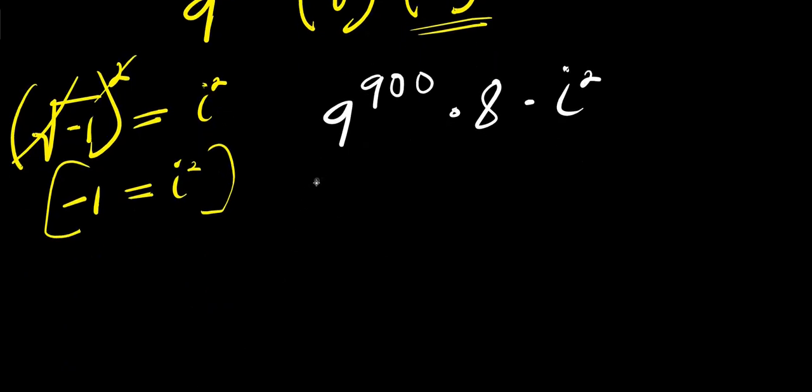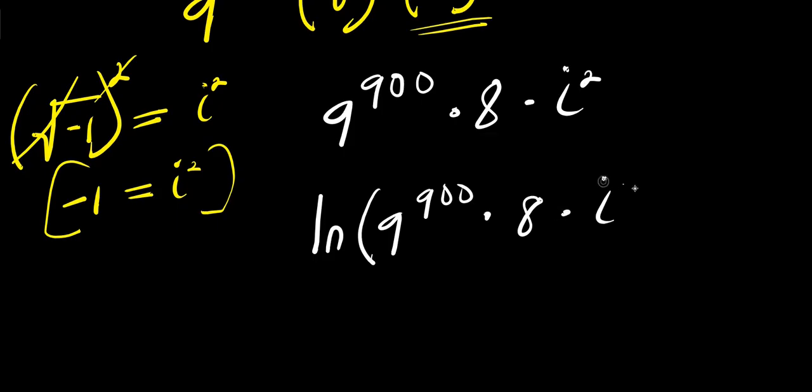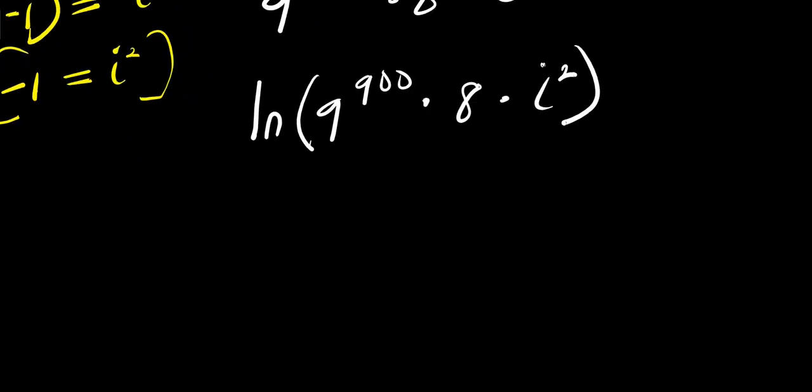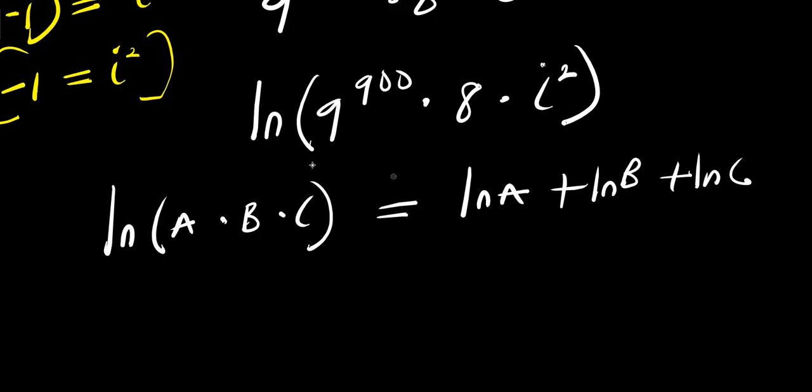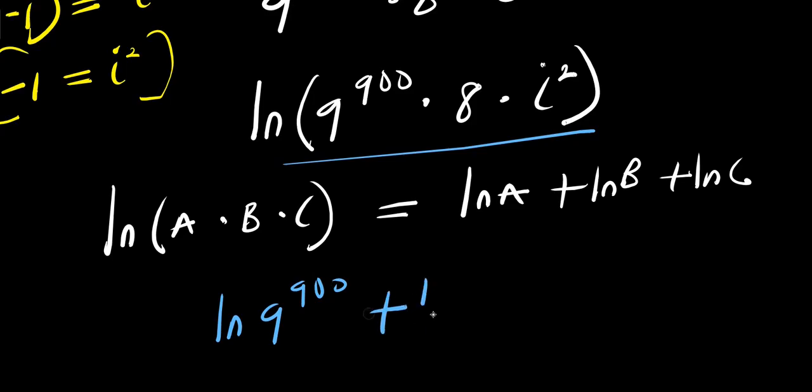At this point, I can apply the natural log again: natural log of 9^900 times 8 times i^2. Now, if you have natural log of A times B times C, this equals natural log of A plus natural log of B plus natural log of C, meaning this will simply give us natural log of 9^900 plus natural log of 8 plus natural log of i^2.